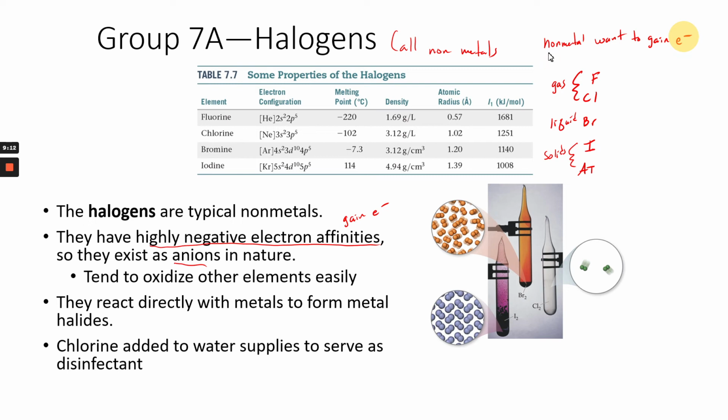So as you go down the group here, the reactivity of your halogens decreases.